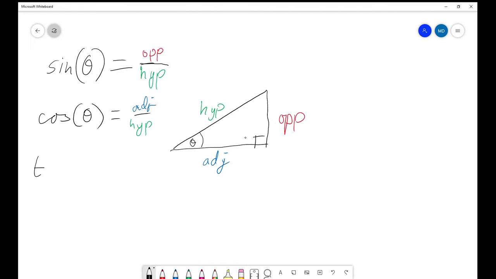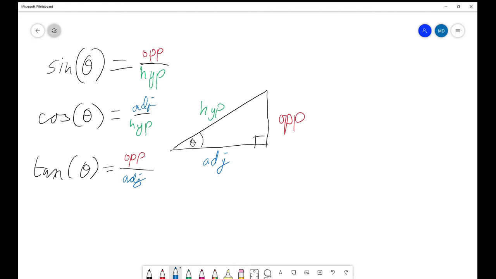And tangent of theta, tan of theta, is equal to the ratio between the opposite and the adjacent. And these are our definitions.